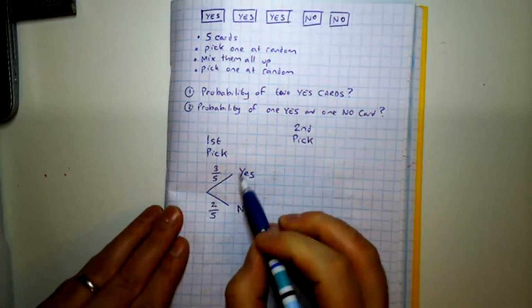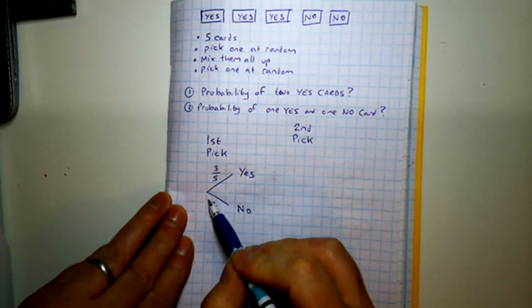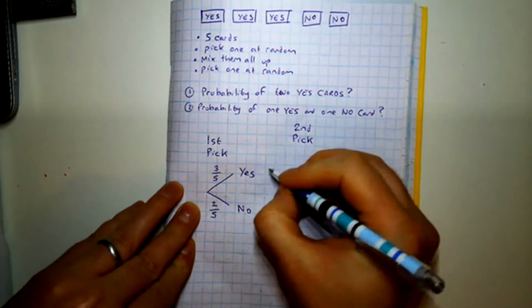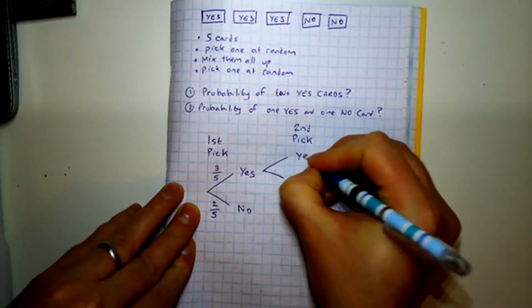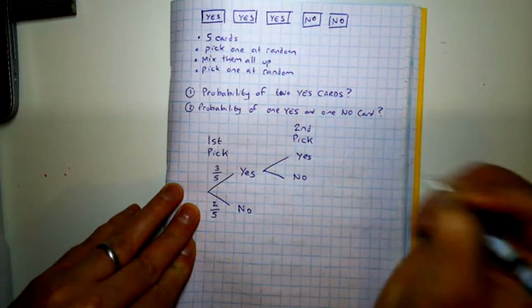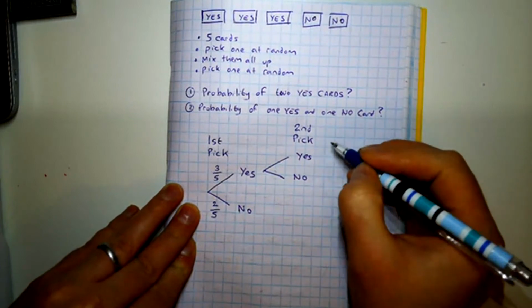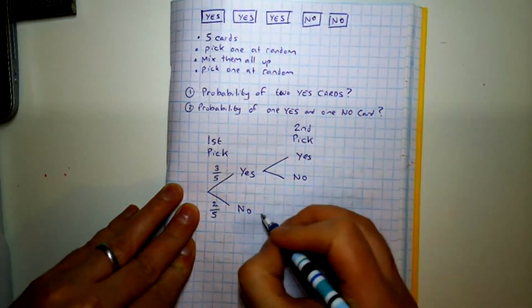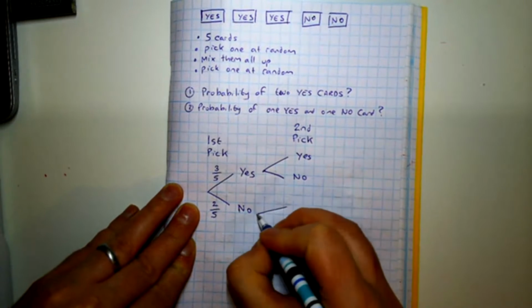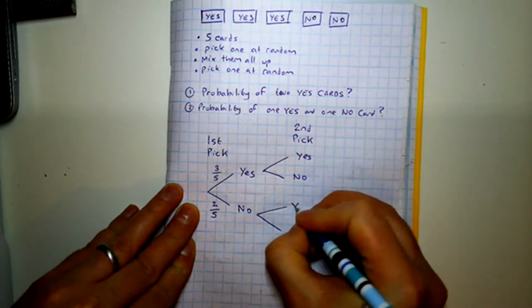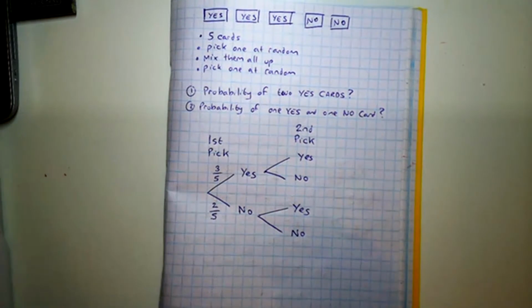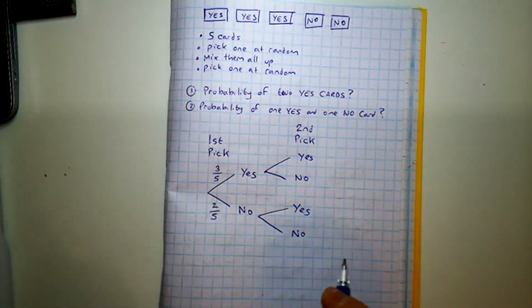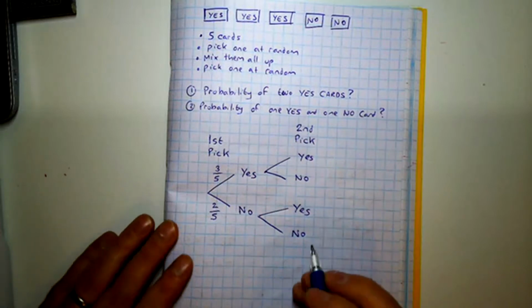So we're going to imagine, well, if the first one was a yes, then the second pick could be a yes, or it could be a no. But we're also going to draw a set of branches to show what could happen if the first one was a no. It could still be a yes, and it could still be a no. So it's looking pretty similar, but it will be important to have all of these branches in a minute.